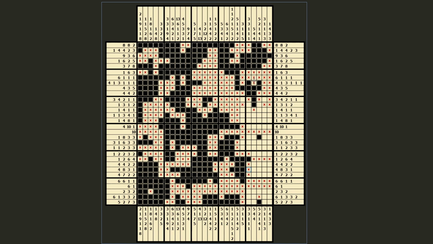Oh wait, 5 4 4, right? So no space for the 4 there, no space for the 4 here, no space for the 4 here. Has to be there. Oh, that's really good actually, because that's the 3.